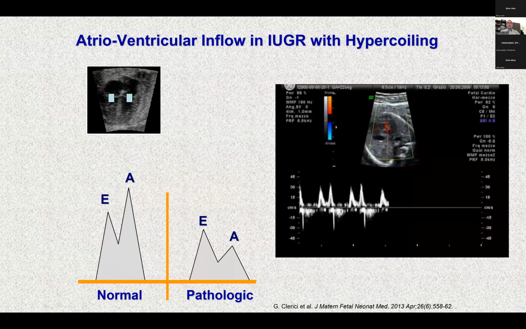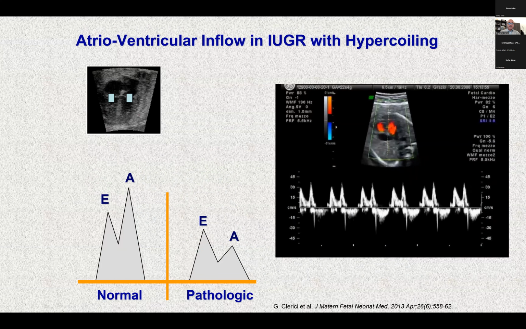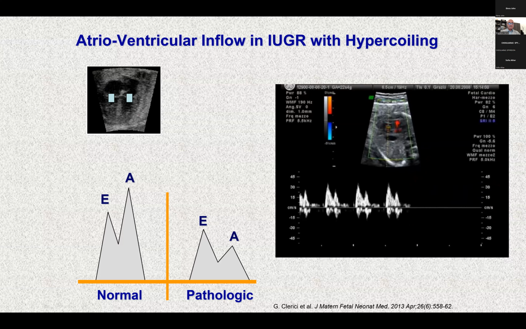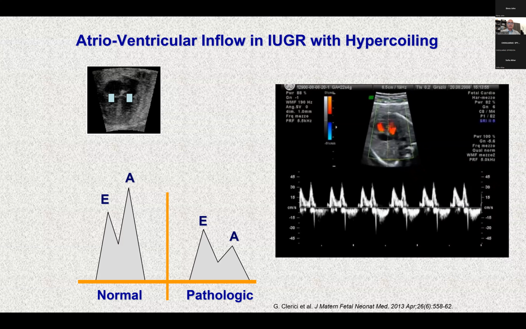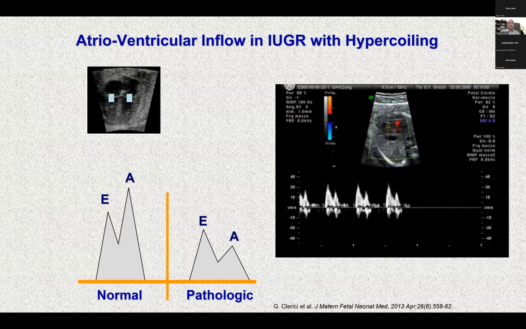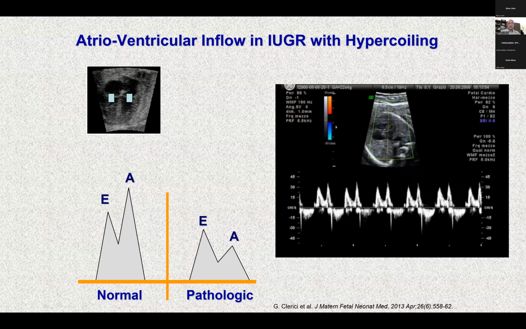And I was looking again at the heart, and again you can see that in this situation we have a typical alteration in the hemodynamics, in the ventricular inflow hemodynamics, that we found before in the early onset IUGR in the decompensation stage, with the reduction in the atrial contraction waveform profile.